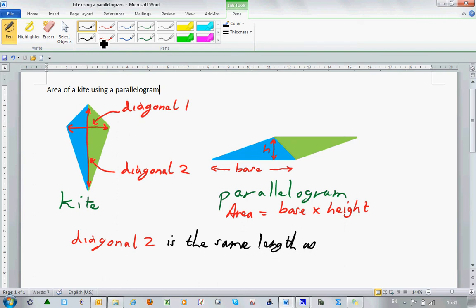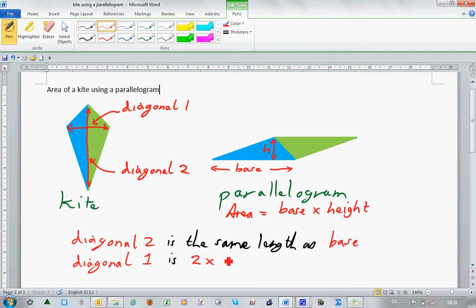And the diagonal 1 is, now then, let's have a look at diagonal 1. Height, h? Correct. It's 2 times the height, which is called h. Okay.